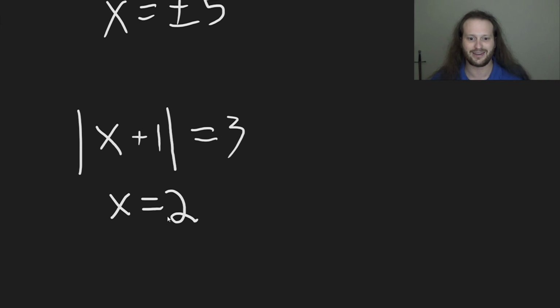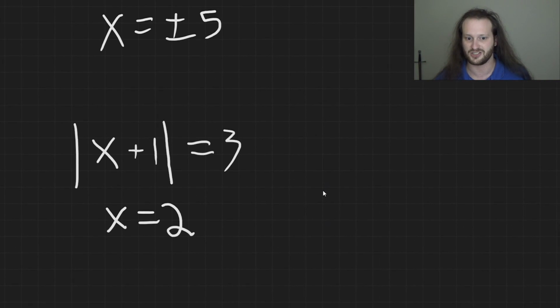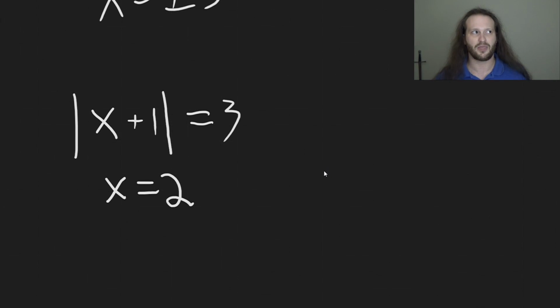Because if I put in -2 into this, I'd have -2 plus 1, which is -1. And then the absolute value of -1 is +1, which is not 3. So it's not like a plus or minus deal just like this. But the concept of having a positive and negative answer to extract from those bars, that concept still holds.